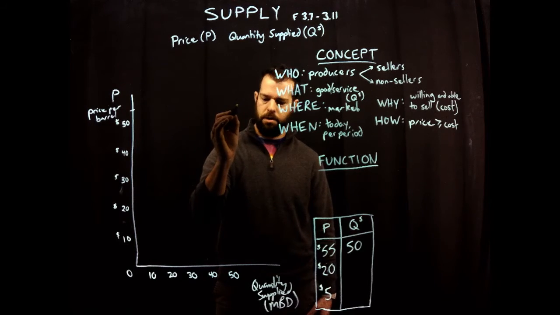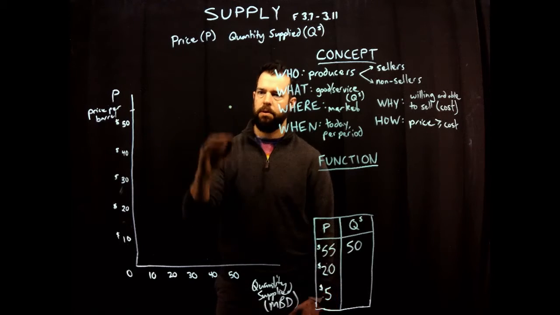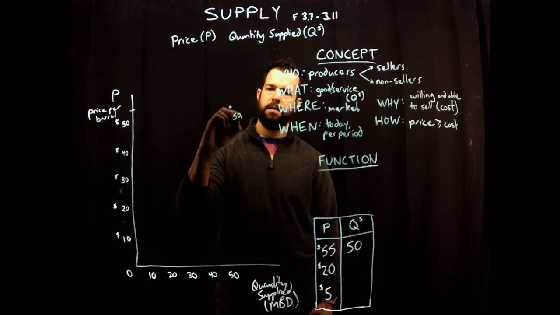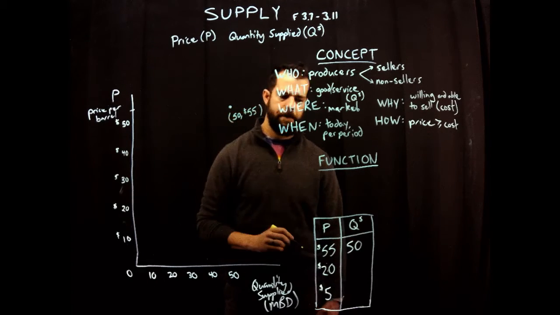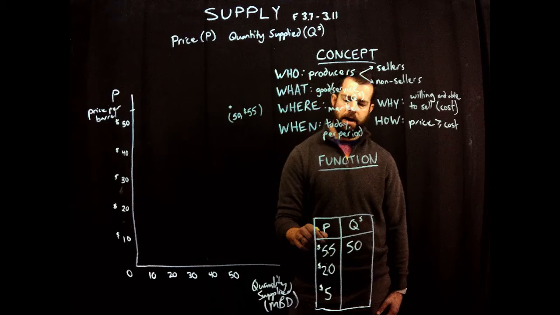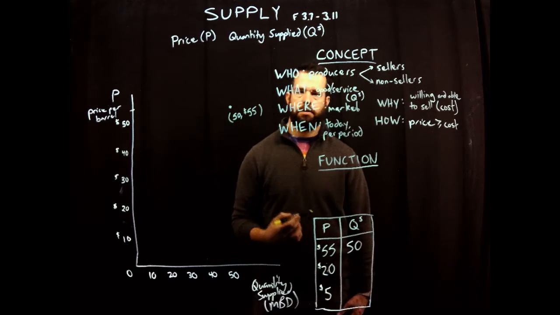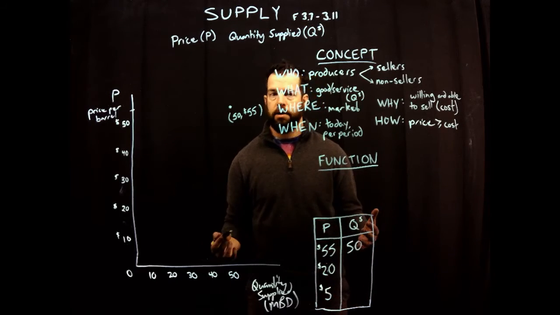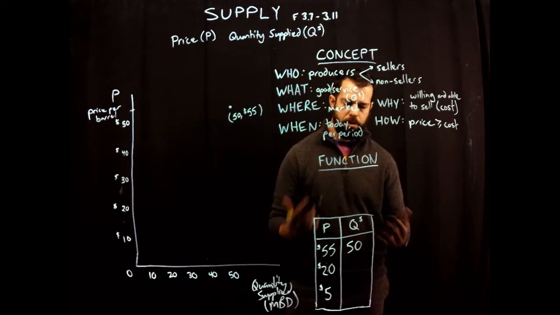Let's mark that with the 50. I'm going to put a little coordinate here. When the quantity is 50, the price is $55 per barrel. Now when the price drops to $20 per barrel, there are some higher cost levels of production that the firms can no longer produce and make a profit, or they're going to make a loss.